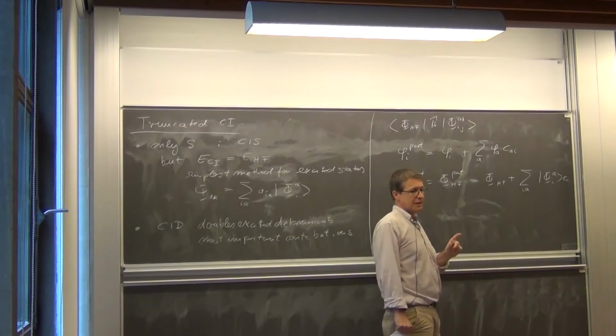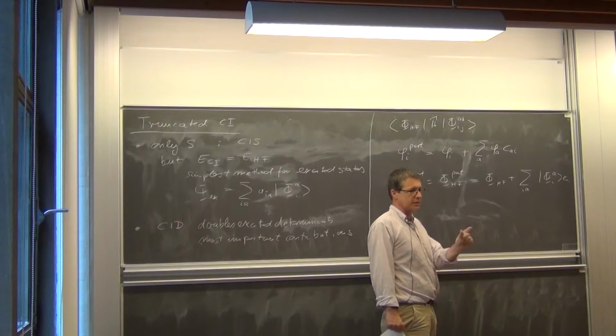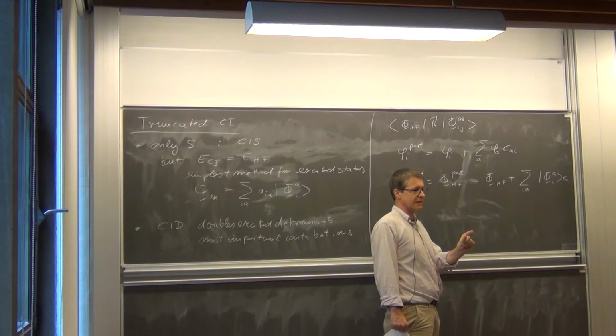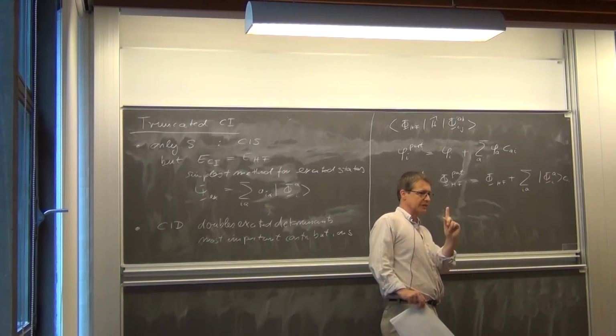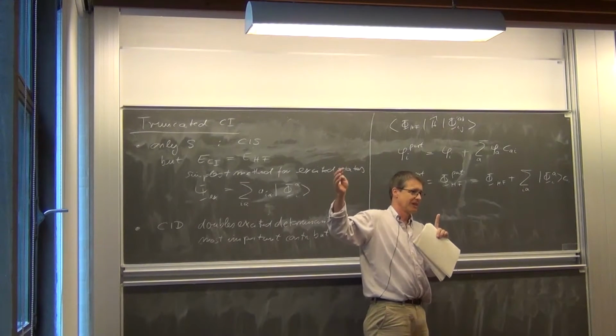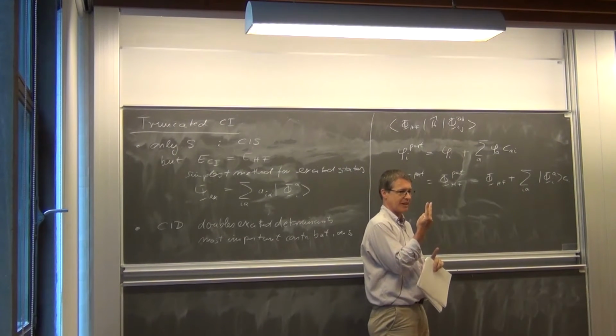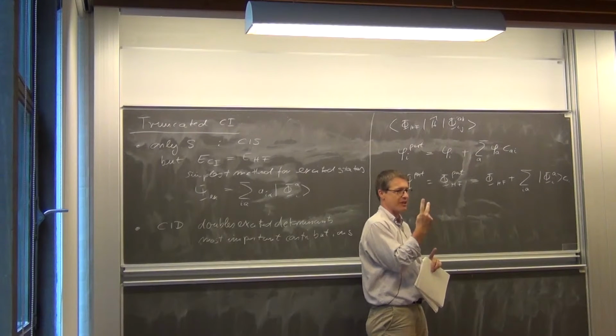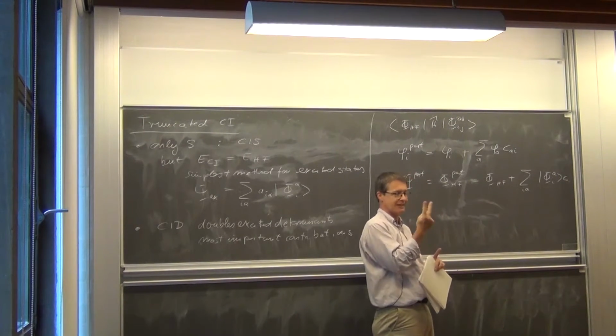But now we're not looking at an electric field, we're looking at two electrons interacting with each other. And that means it's not just one electron and its orbital is perturbed by something outside of the system, but it's two electrons which are perturbing each other, which means it's actually two orbitals which are at the same time perturbed.